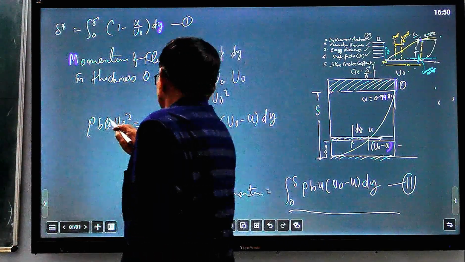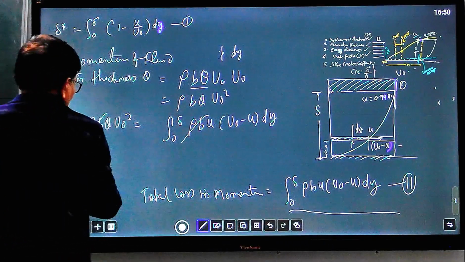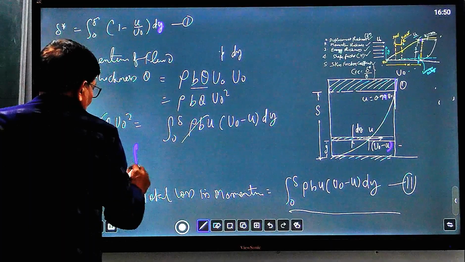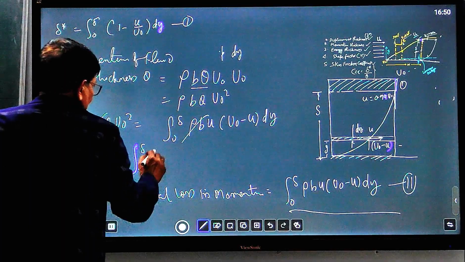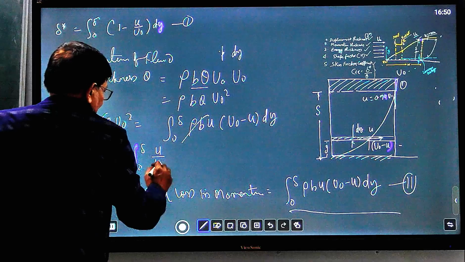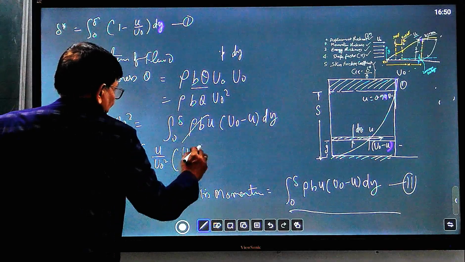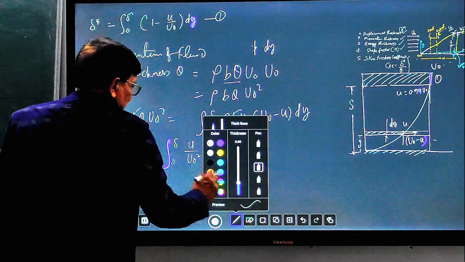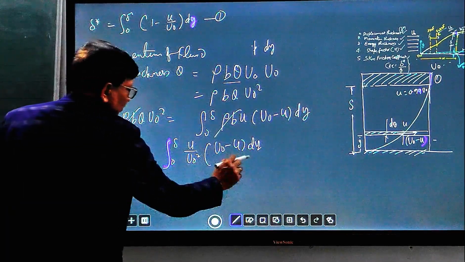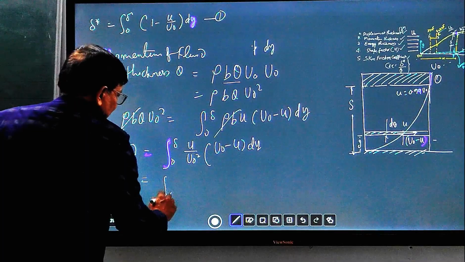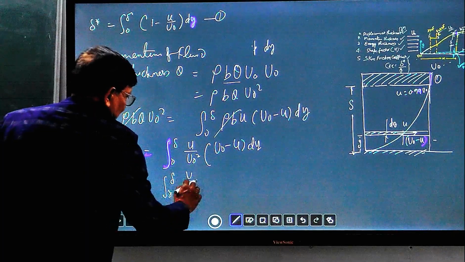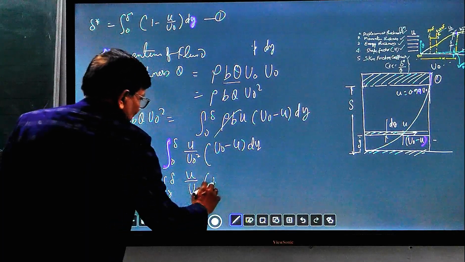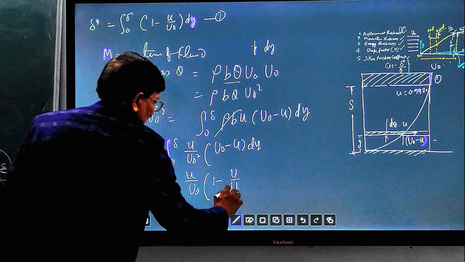Now cancelling the constants and finding theta, theta equals integration 0 to del U upon U naught square, U naught minus U dy. Taking one U naught outside and one U naught inside, we get integration 0 to del U upon U naught, 1 minus U upon U naught dy.